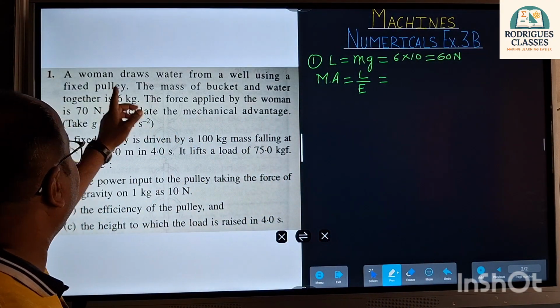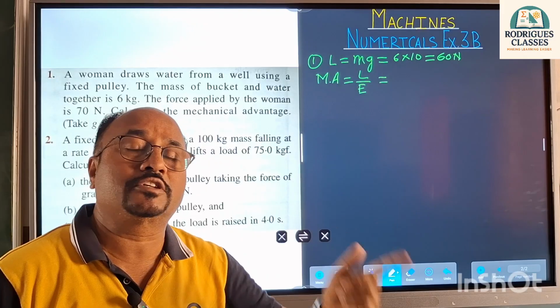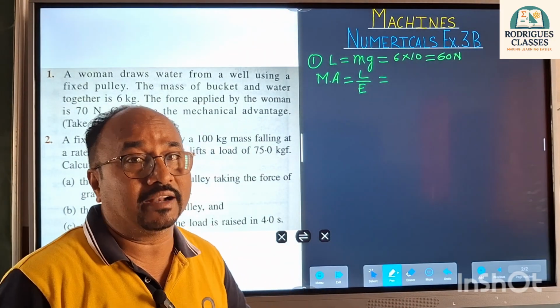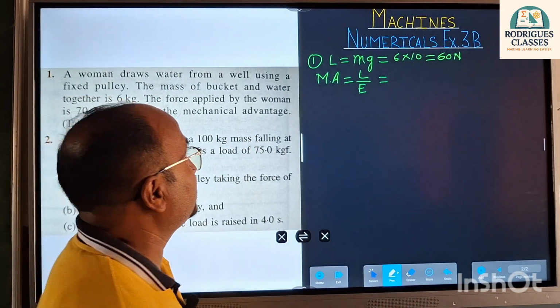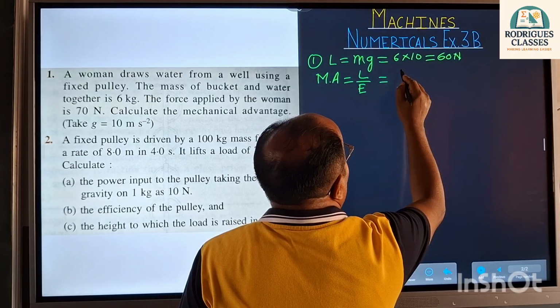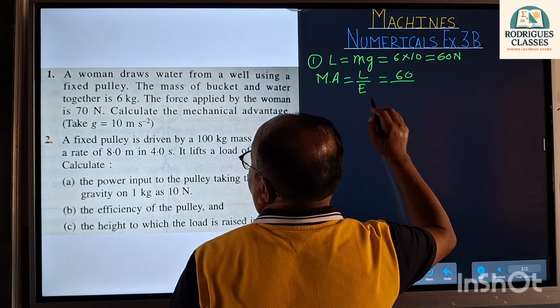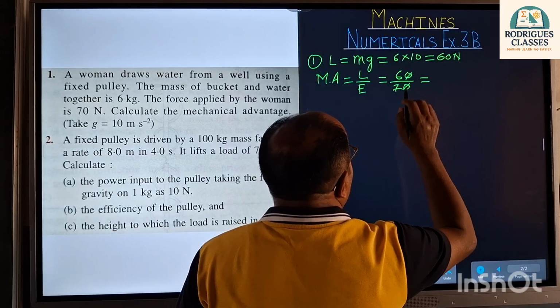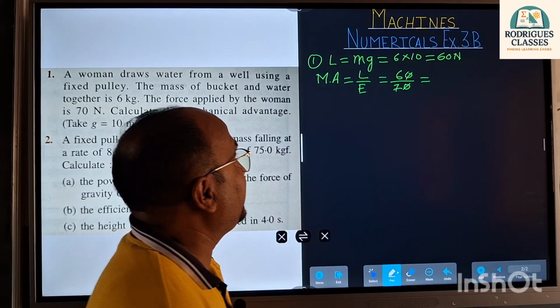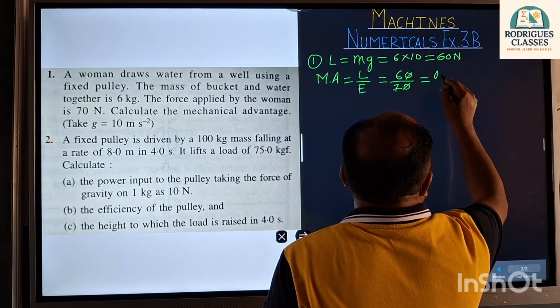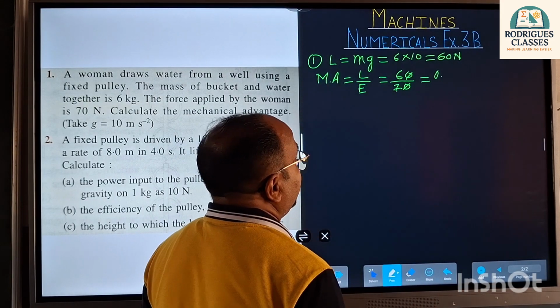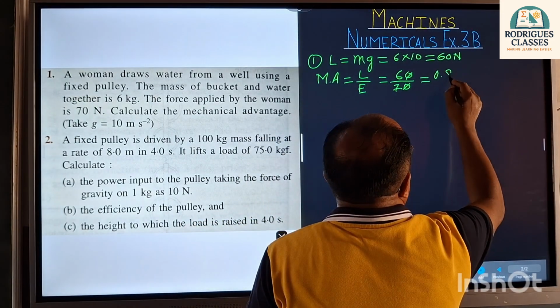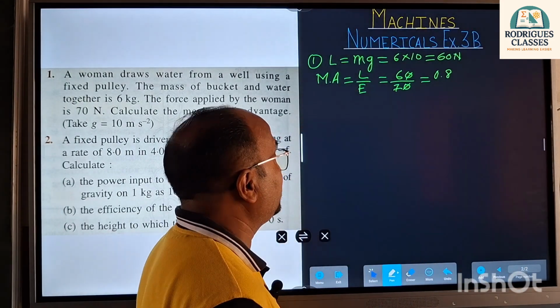See, fixed pulley was told, so the mechanical advantage of a fixed pulley is 1. We cannot write that directly because load and effort are given here. The load I have is 60 and the effort applied is 70. So 0 cancelled, and 6 you have to divide by 7. So 0 point, it becomes 60. 7 8s are 56, 4 is left.